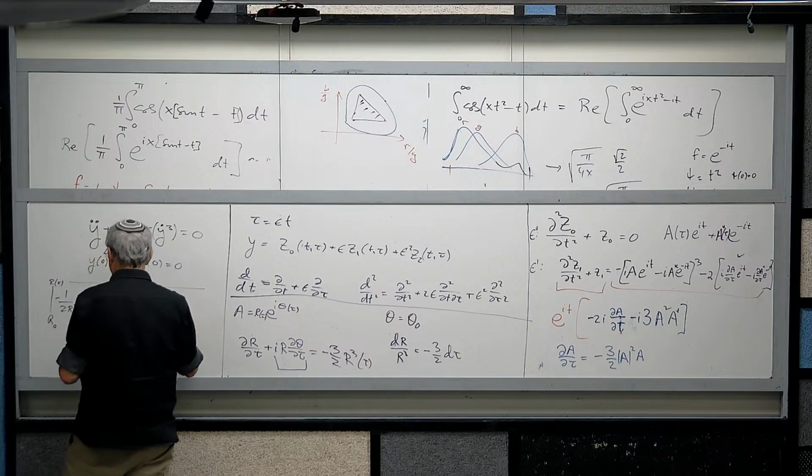Which gives me 1 over 2 r naught squared minus 1 over 2 r of tau squared.